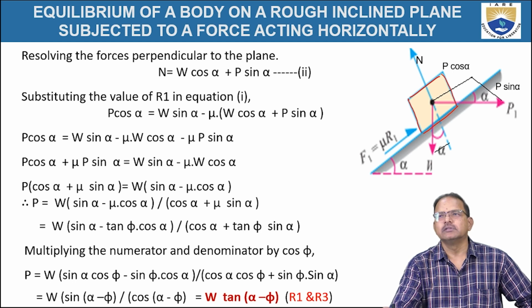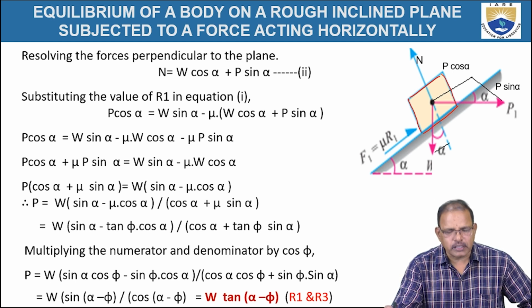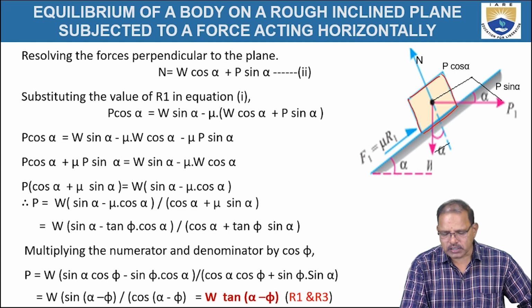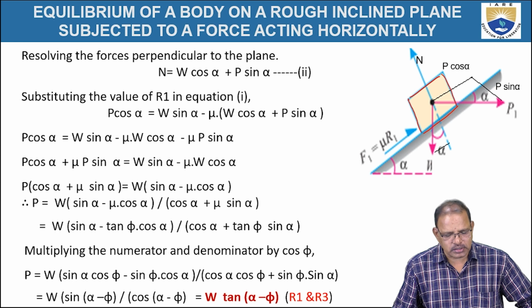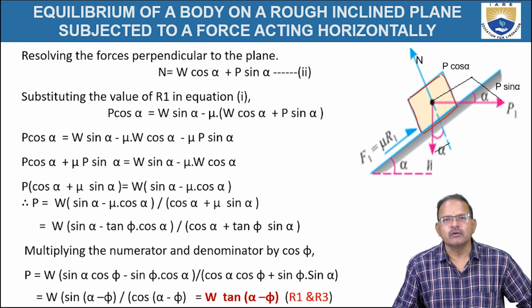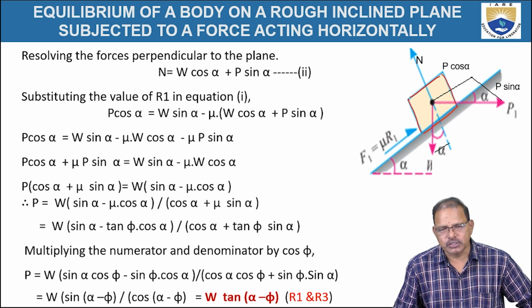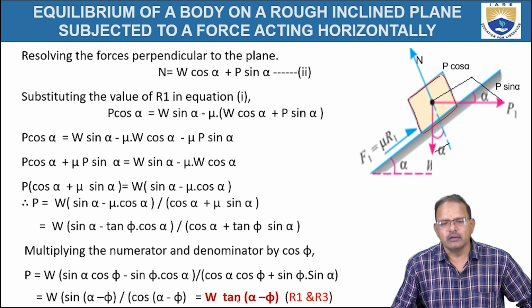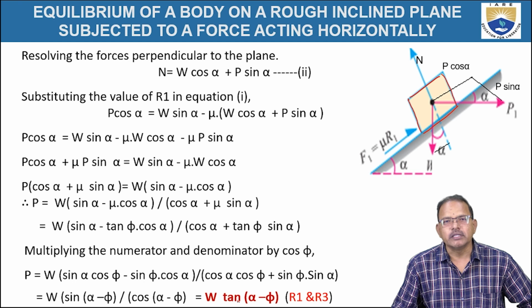Resolving the forces along the plane as well as perpendicular to the plane, and simplifying, we get P equal to W tan (alpha minus phi). That is the minimum force required to keep the body in equilibrium, preventing it from sliding downward, where alpha is the inclination of the plane with the horizontal and phi is the limiting angle of friction.